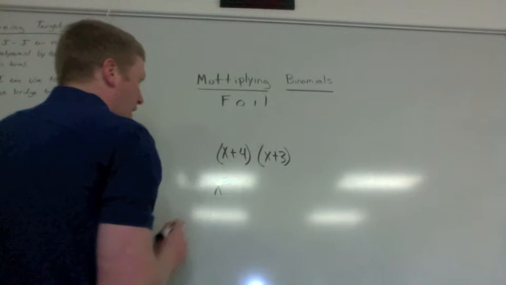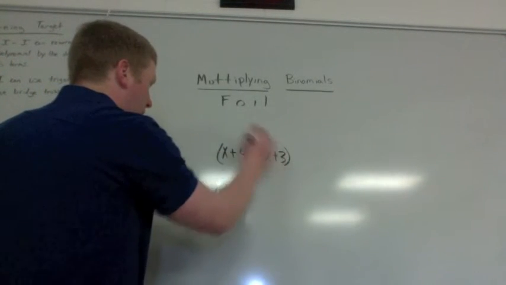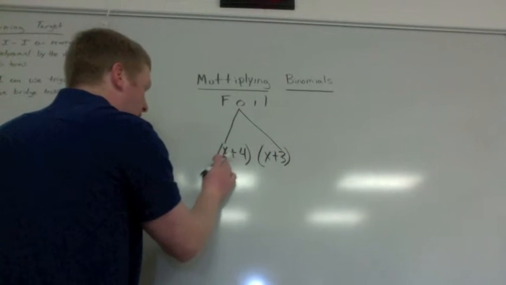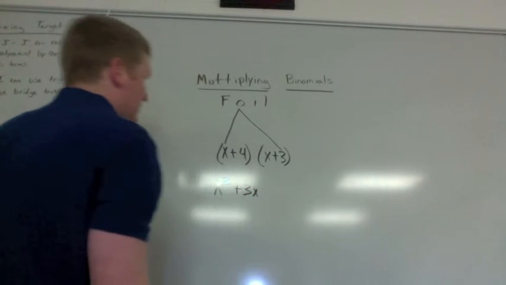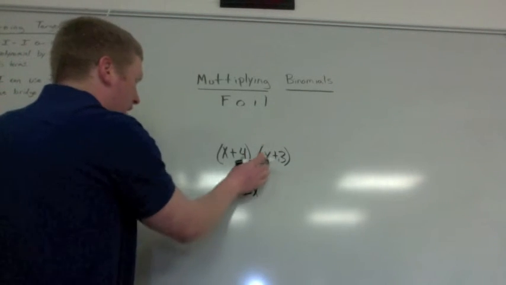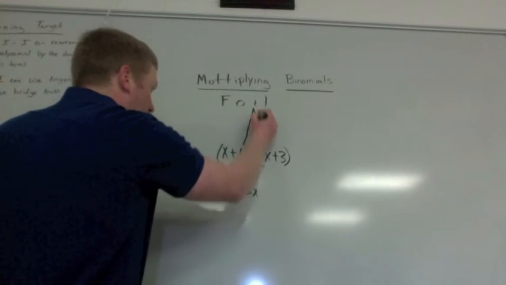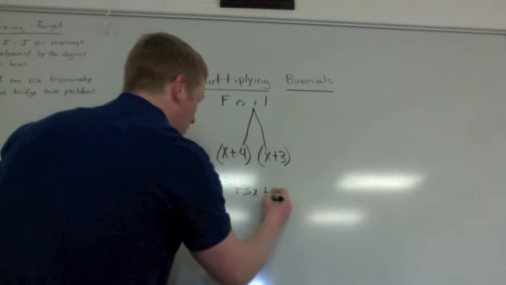The O stands for the outside terms, x and 3. Multiply the x times the 3 and you get 3x. I stands for the inside terms, 4 and x. Take 4 times x and that gives you 4x.